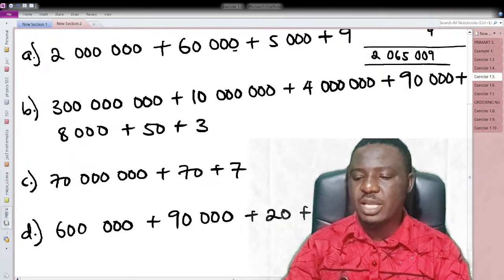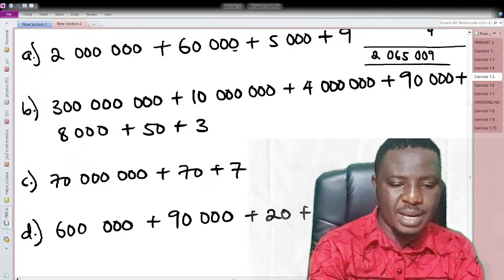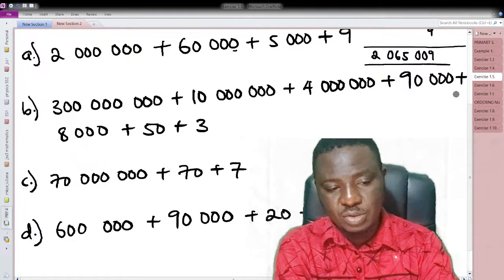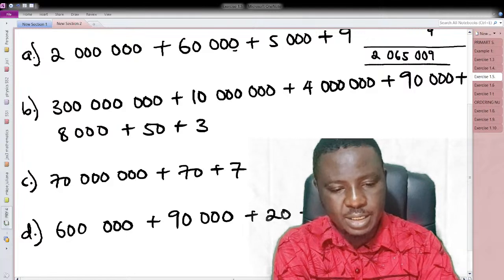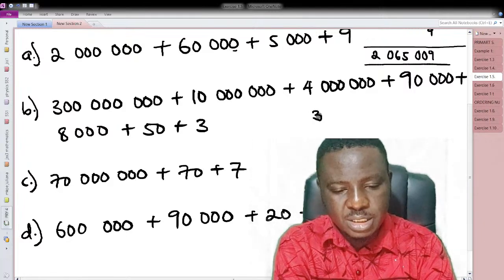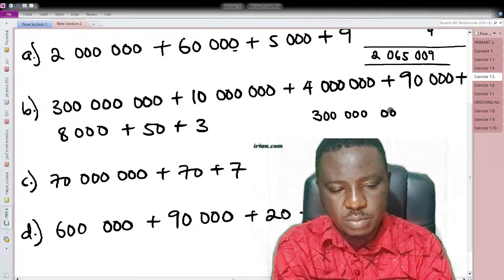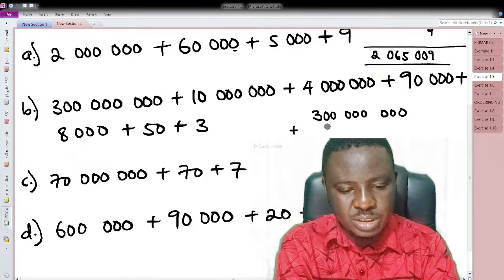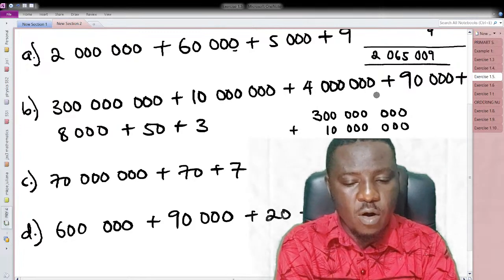B, we have 300 million plus 10 million plus 4 million, plus 90,000 plus 8,000 plus 50 plus 3. So I'm going to write them as this: 300 million plus 10 million, so this is tens of millions, plus 4 million.